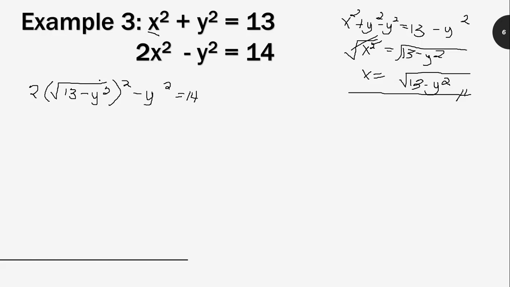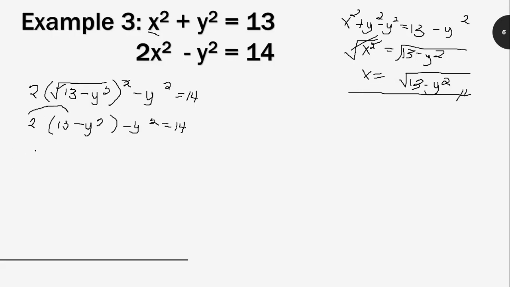And then, PEMDAS po, so nasa parenthesis, pag hindi po masimplify yung nasa parenthesis, sunod po is exponent. So, the square root of 13 minus y squared, quantity squared, cancel out po natin yung square root or radical sign. 13 minus y squared, minus y squared is equal to 14.